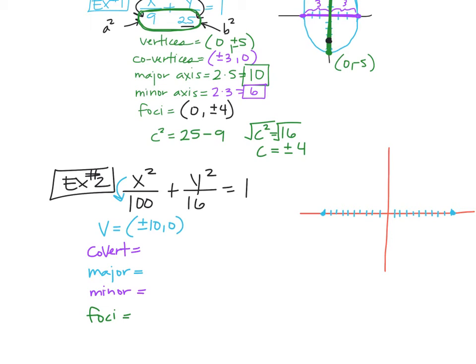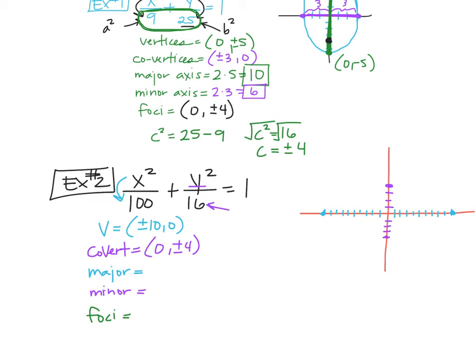Okay, my co-vertices, I'm going to take the square root of this, which is 4, and that's on my y-axis. So we're going to go 1, 2, 3, 4, and 1, 2, 3, 4. My co-vertices are 0 plus or minus 4.